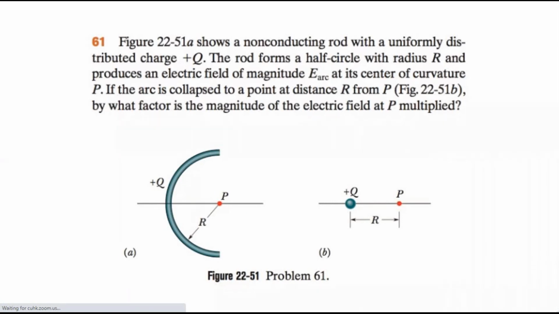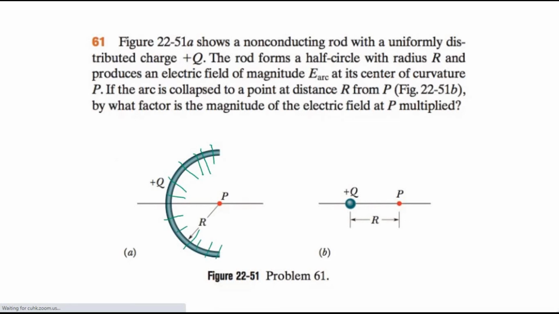So this would be the uniformly distributed charge on the half circular shape. If you do the analysis, we can cut it into many sections.